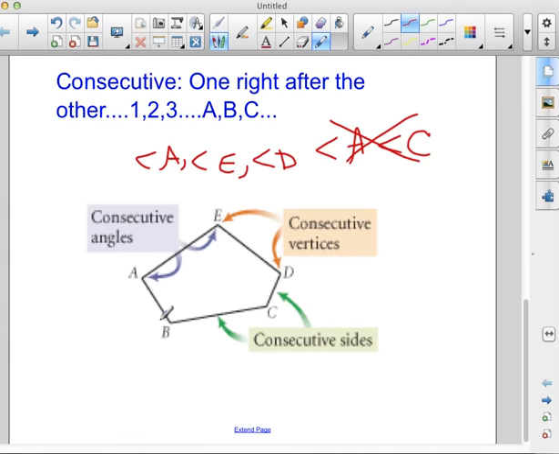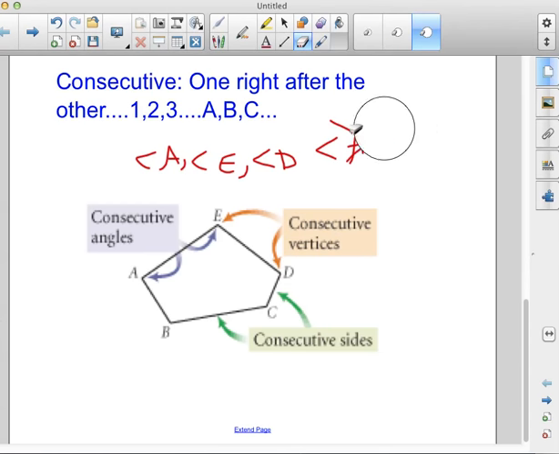So I would say A, B, C, D, and E are all consecutive in that order. They are consecutive in this order. I can even say that A and B are consecutive. But the question now is, are vertices A and C consecutive? No, they are not, because they have B between them.